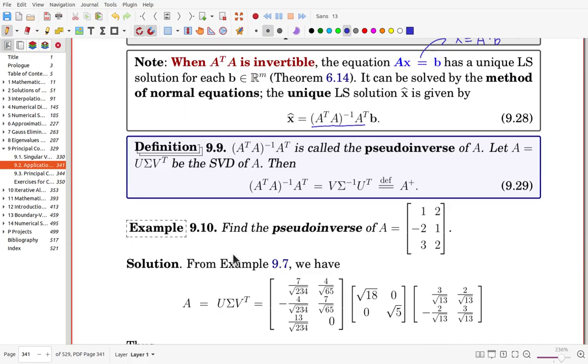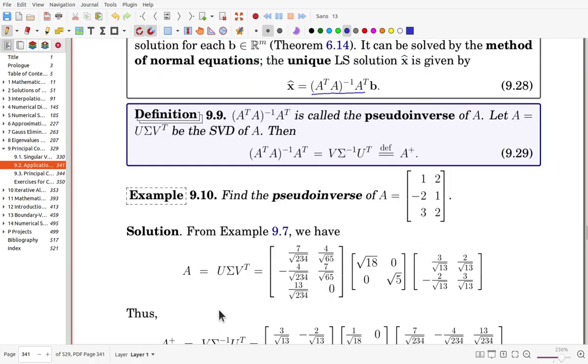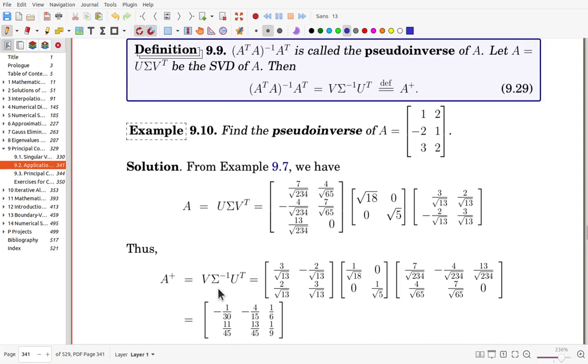Let's see the example. Find the pseudo inverse of A for the given 3 by 2 matrix. Earlier in example 9.7, we already got the singular value decomposition U sigma V transpose. And the pseudo inverse of A must be V sigma inverse U transpose.